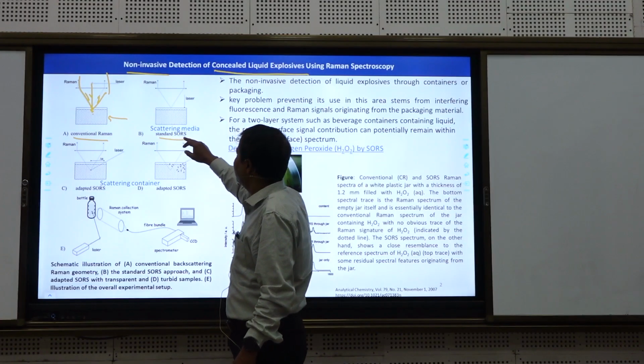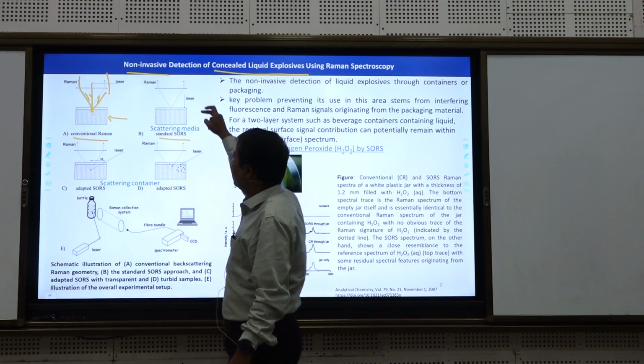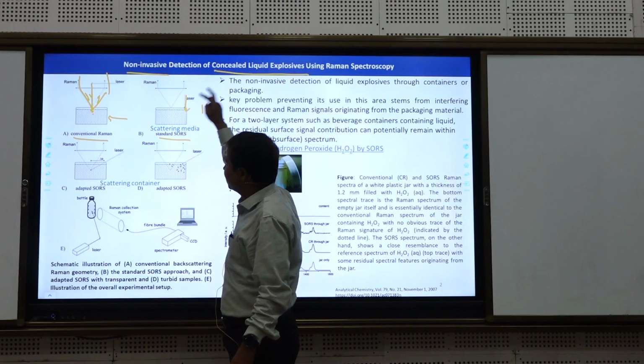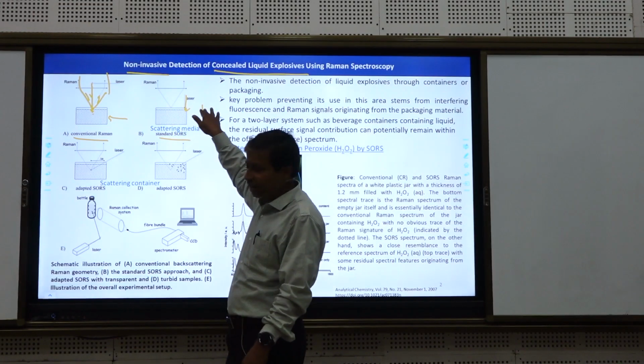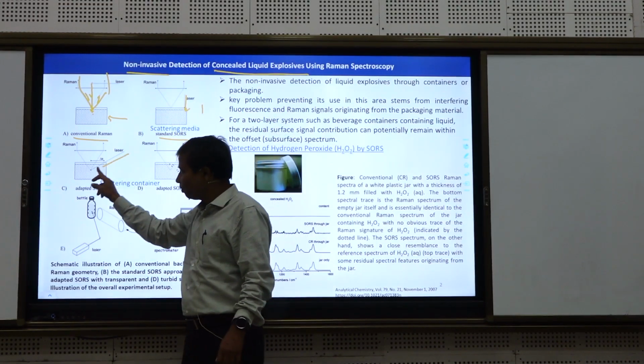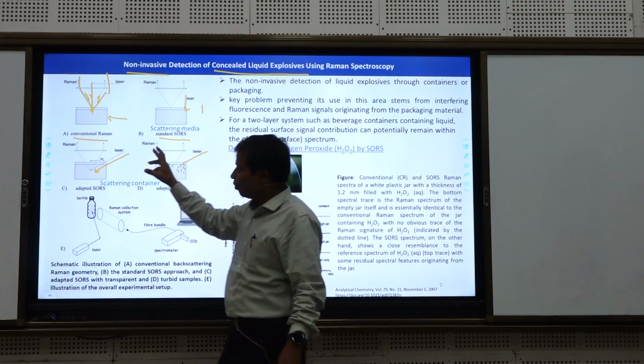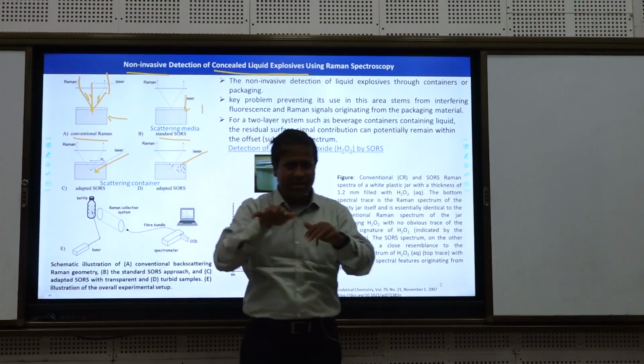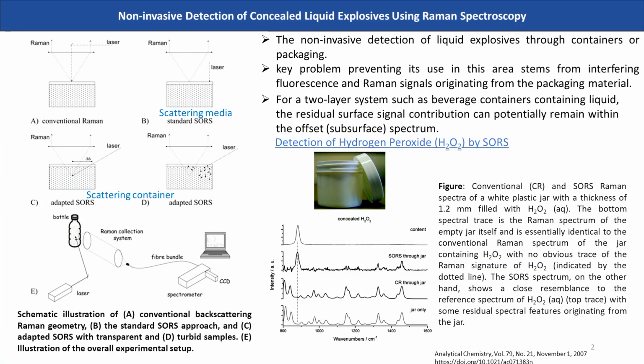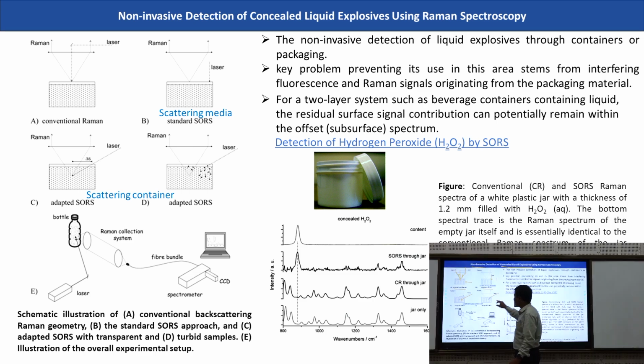In this technique, they excite at another place. They excite from the side, or from this corner, or from this corner. So you can excite from any side, and you can take the spectrum from one particular direction, and then you can find out the Raman spectra of that species.